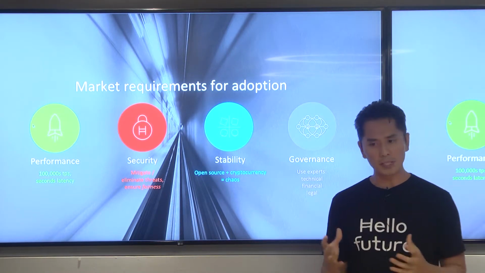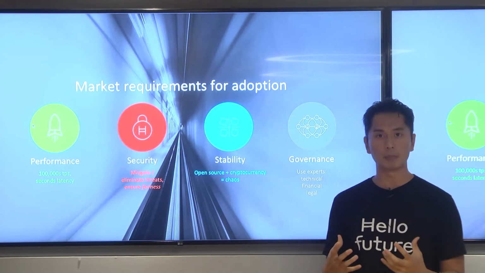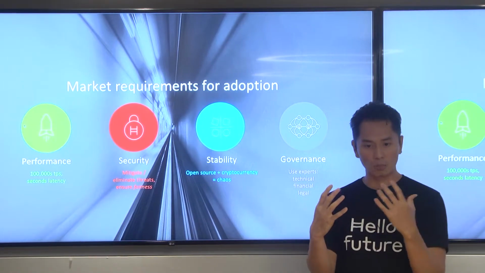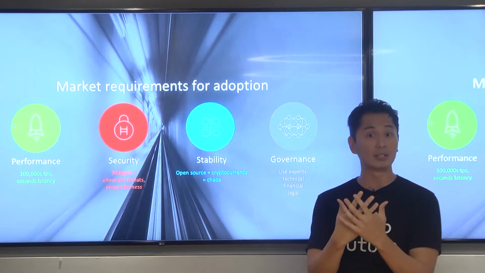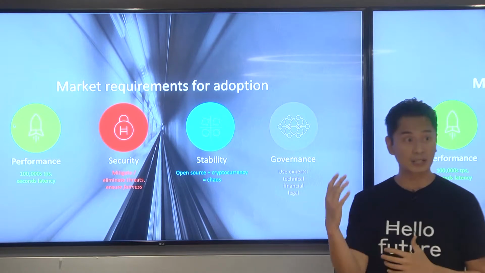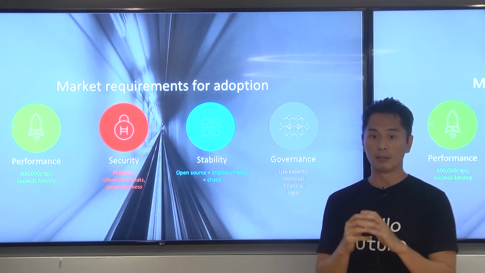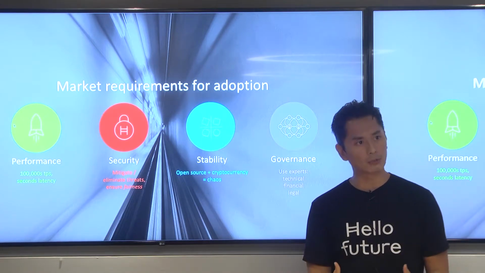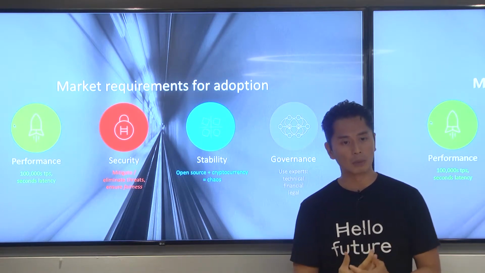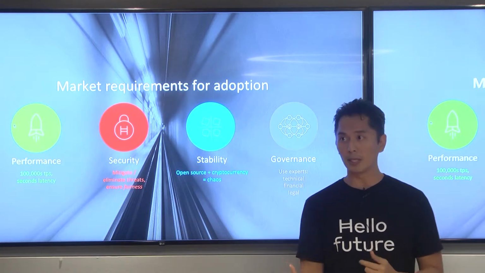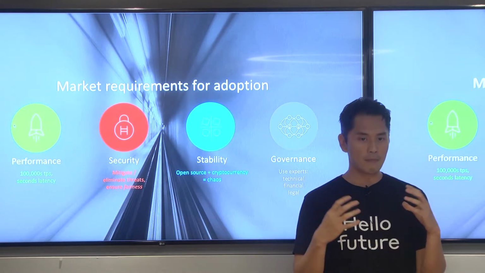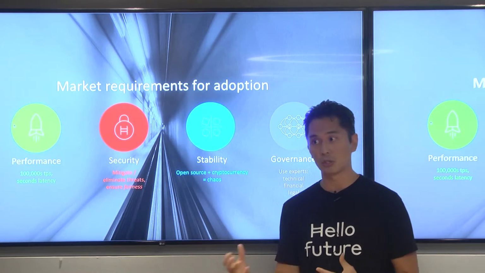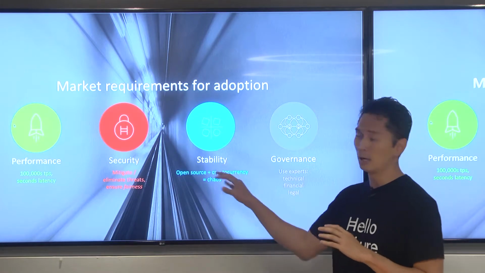Stability, what we've seen with all the prominent public ledgers today is that as a public ledger gets more well-known or more valuable, there's a tendency for it to fork because incentives are there for people to fork the ledger. And while there certainly is a place for forking of ledgers, we believe that introduces instability and that prevents mainstream adoption, multinational corporations from wanting to build applications on these public ledgers.